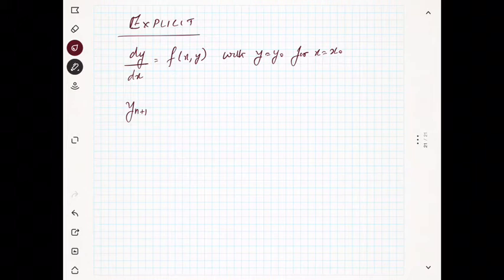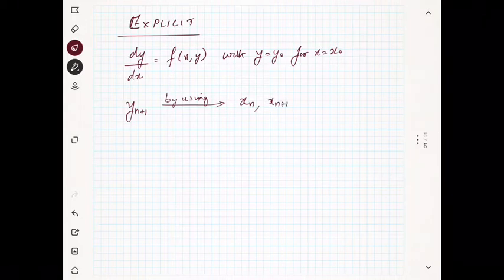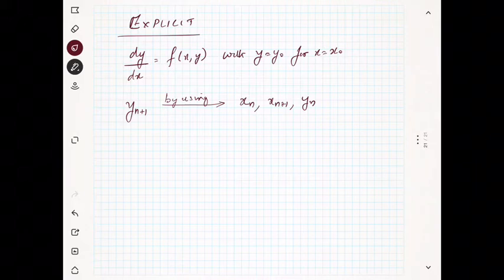So in general, if yn is known, we will calculate yn plus 1 by using xn, xn plus 1, similarly your old value. And this is a single step method, because we are using only the immediate previous value, and this is known as the explicit form.